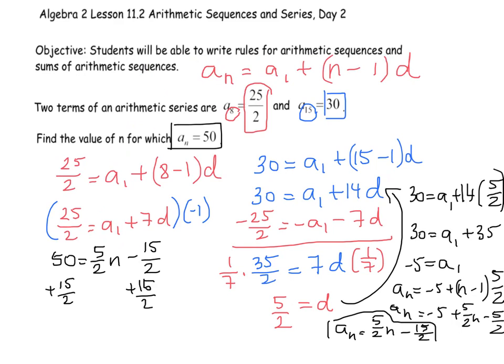So I have 115 over 2 equals 5 over 2n. If I multiply both sides by 2/5, I will end up having n equals, I can simplify by the 2's and I can simplify by the 5, so n will equal 23.